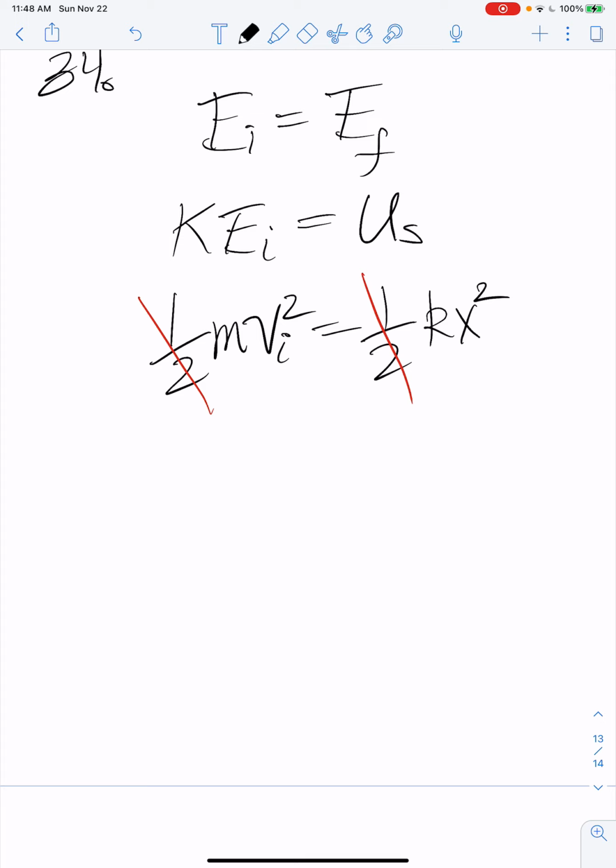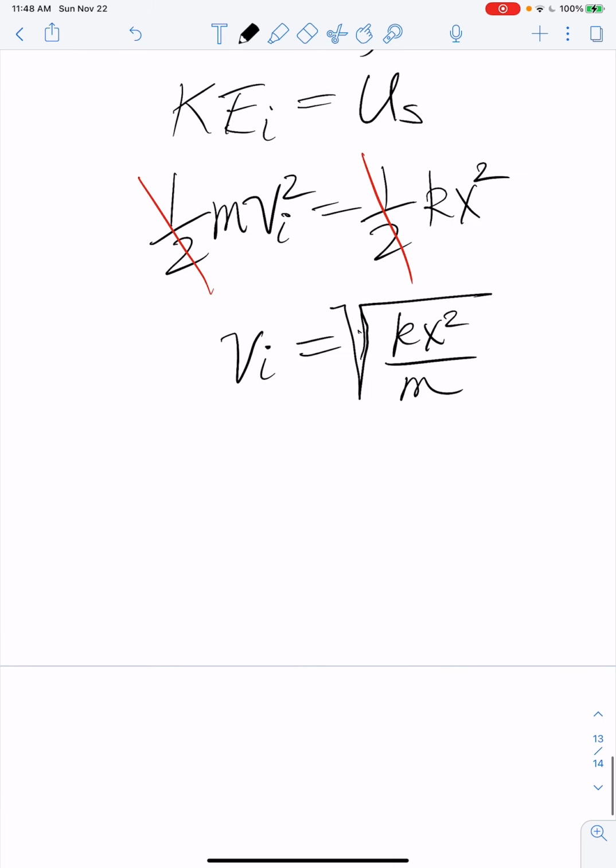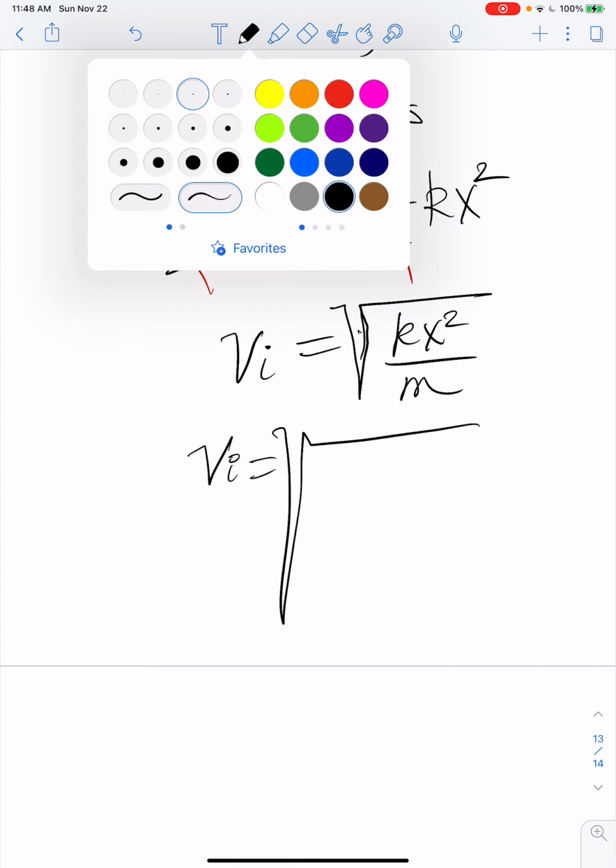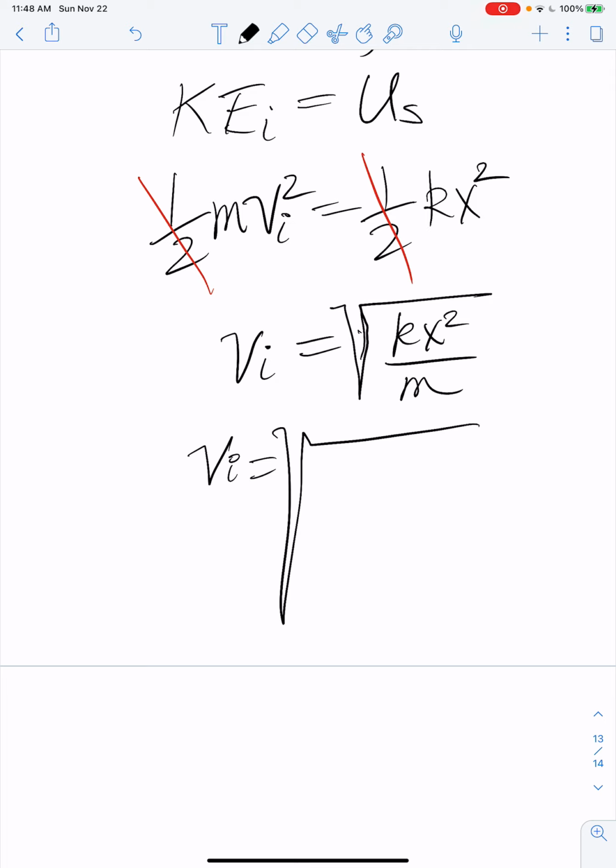So we can see that once again, VI is equal to square root of kx squared over m. And we know these values. Let's see. K is much larger. This is going to stop a plane or a jet.